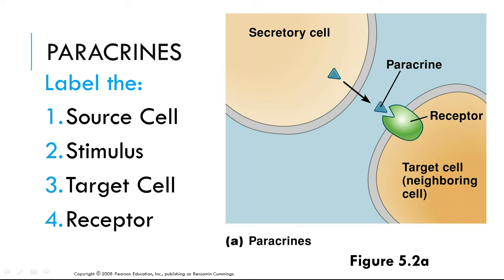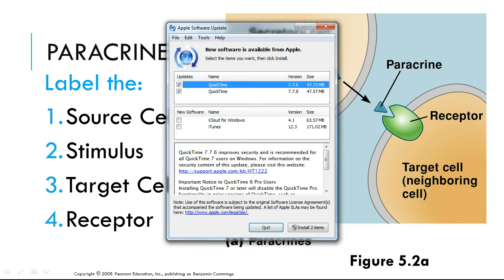But we should still see a theme. A secretory cell releases a stimulus chemical messenger to affect a target cell, which expresses a specific receptor. And then once the receptor receives the stimulus, the cell is going to have its own little integration center and then bring about some type of change or effect.